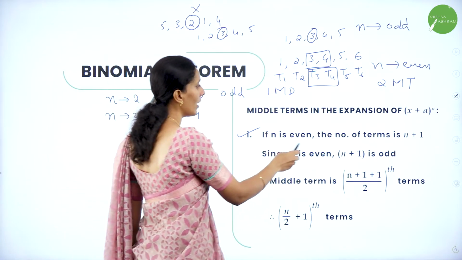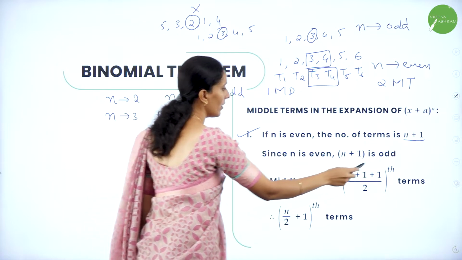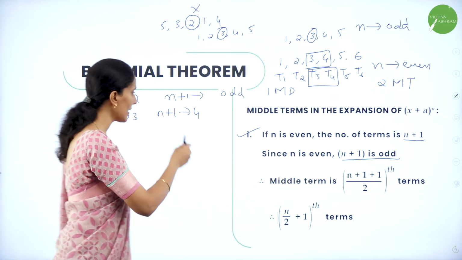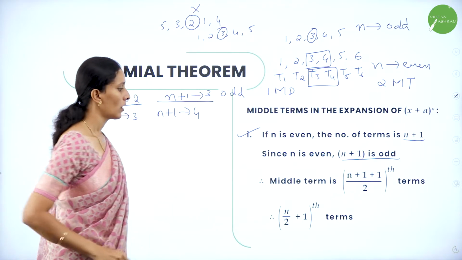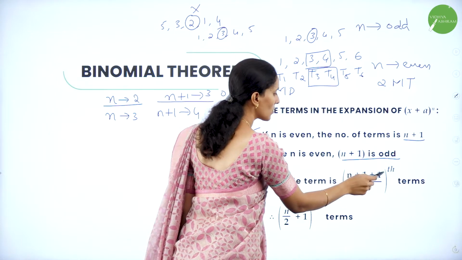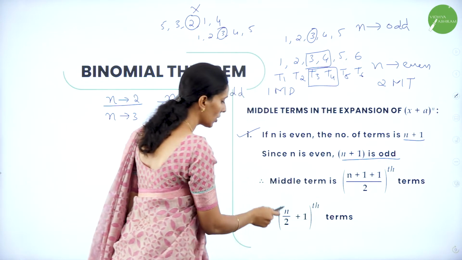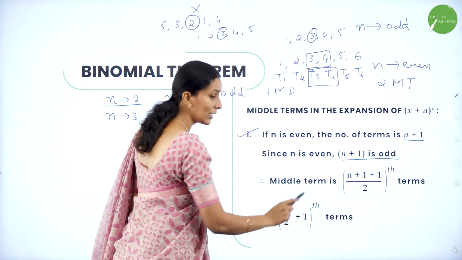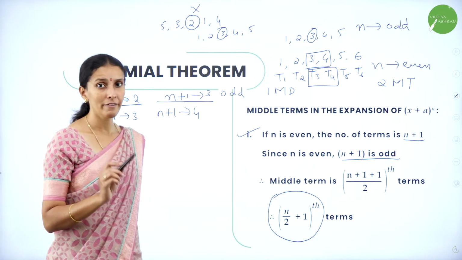If n is even, the number of terms is n plus 1. Since n is even, n plus 1 is odd. For example, if n is 2, n plus 1 is 3. So therefore, the middle term is (n plus 1) by 2, which is (n plus 2) by 2. When you divide it separately, it will be the (n by 2 plus 1)th term. This represents the place, not the value.